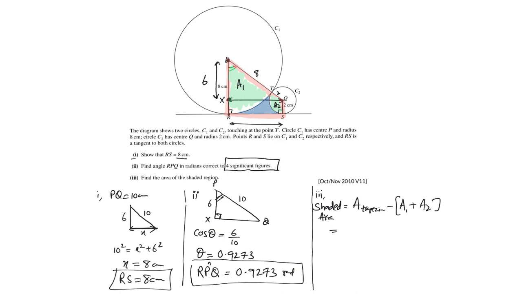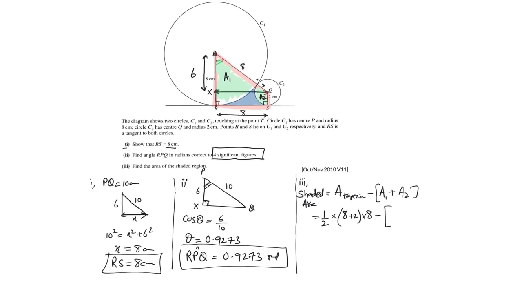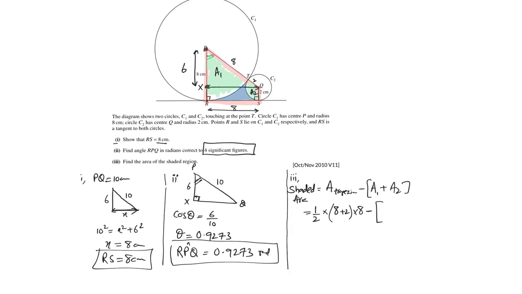Sorry. So the area of the trapezium is half into the sum of parallel sides. The parallel sides are 8 and 2, and this distance is 8. Minus, in order to find the area of a sector, you will use the formula half r square theta.